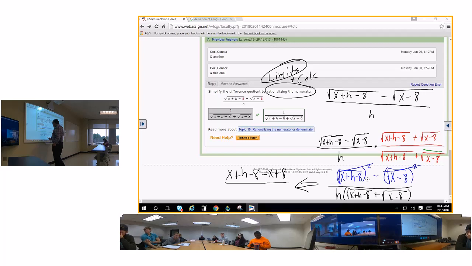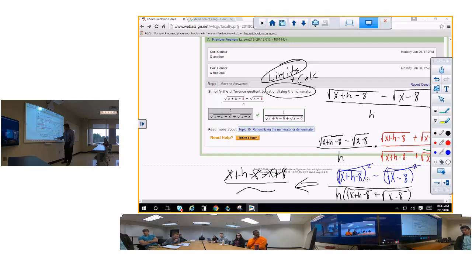And that will change a lot of things. And I've just put a squiggle line here. And that squiggle line means this does not change. The denominator just carries over. Okay? And what happens to the 8s? They cancel. X's cancel out. And what happens to the h's? Right here. Let me do this in red.